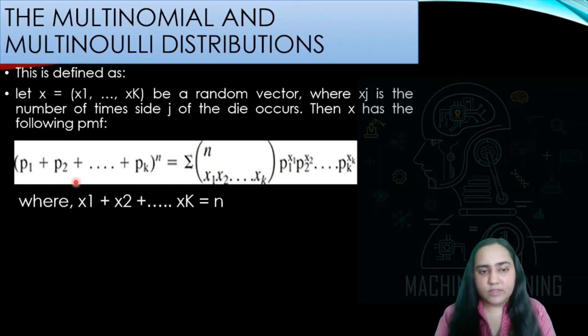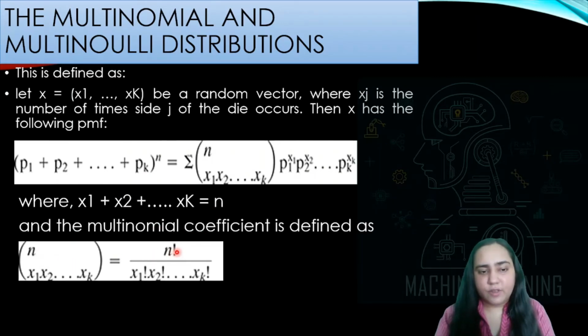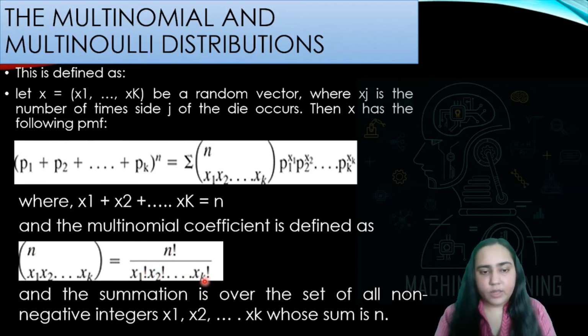And here, all the outcomes of x will sum to n, and the multinomial coefficient is defined as n factorial upon x1 factorial, x2 factorial, up to xk factorial. And the summation is over the set of all non-negative integers x1, x2, up to xk, whose sum will be n.